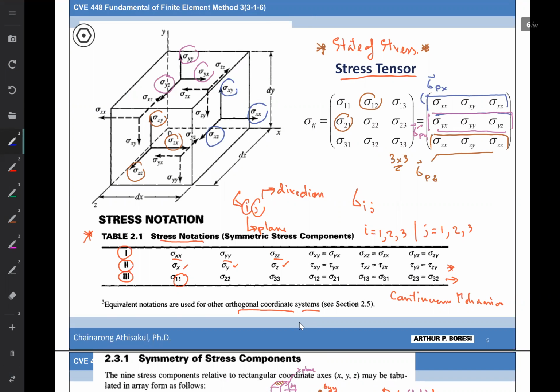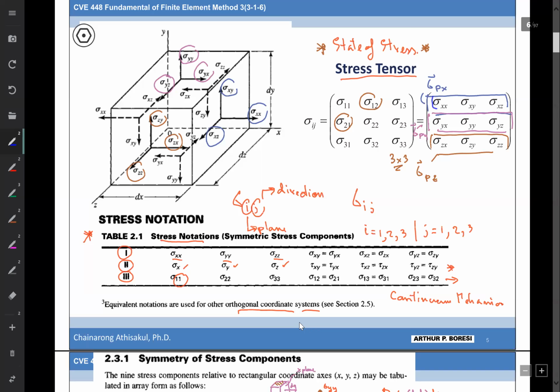Okay, as we studied last week, we know that the state of stress at a point, for any body that is subject to a stress field, we can consider as a small element subject to the stress field, and we can define the state of stress at that point by the stress tensor that is composed of 6 components: sigma x, sigma xy, sigma xz, sigma yy, sigma yz, and sigma zz.